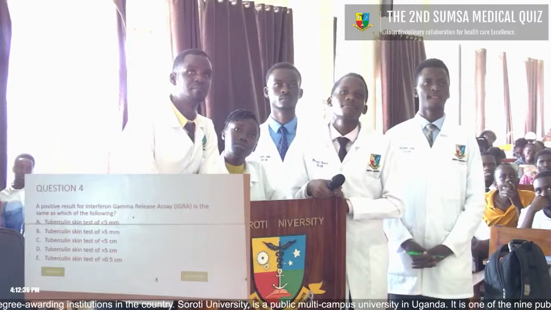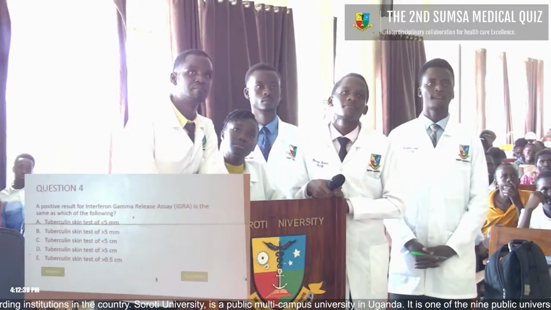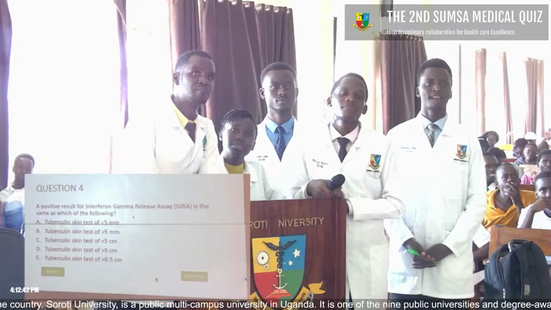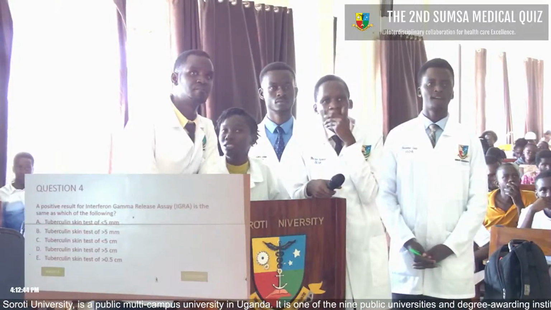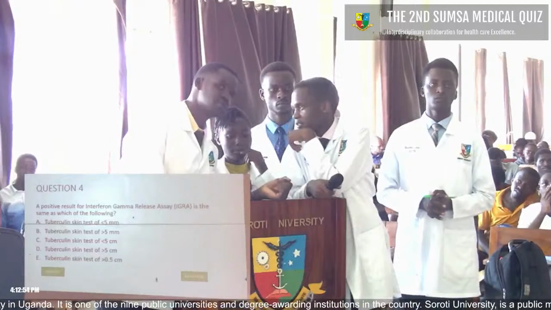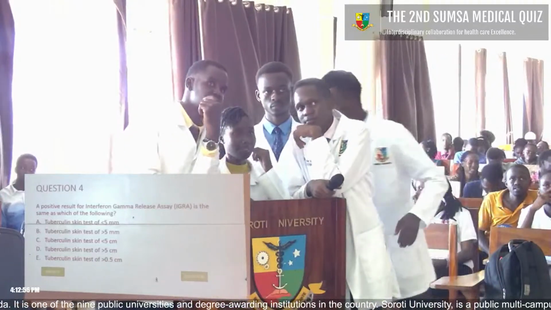A positive result from interferon gamma release assay is the same as which of the following? A. Tuberculin skin test of less than 5 millimeters. B. Tuberculin skin test of more than 5 millimeters. C. A tuberculin skin test of less than 5 centimeters. D. Tuberculin skin test of more than 5 centimeters.